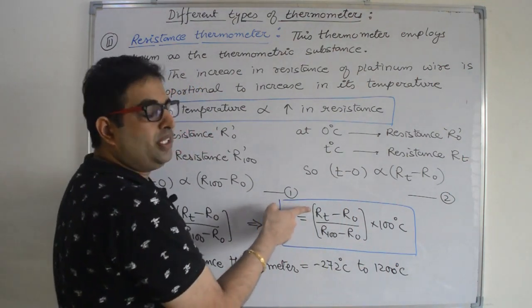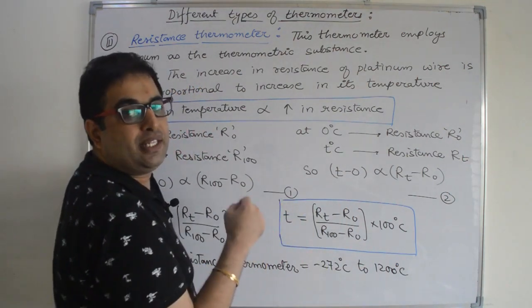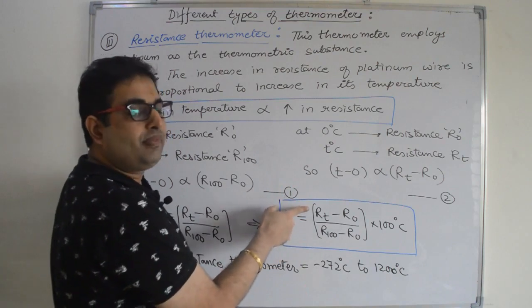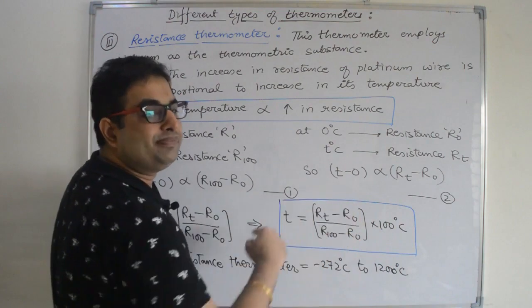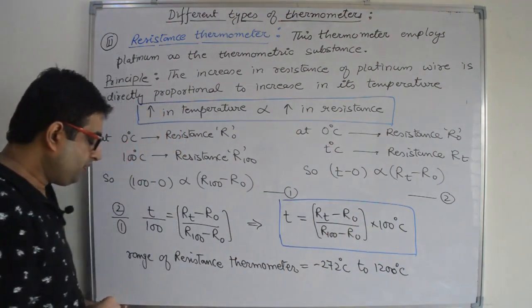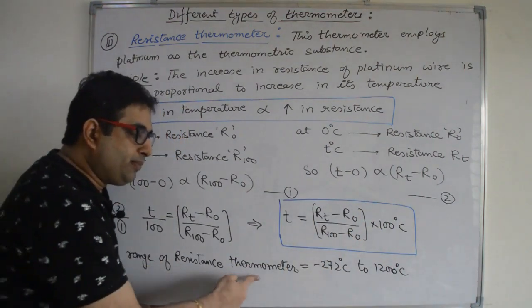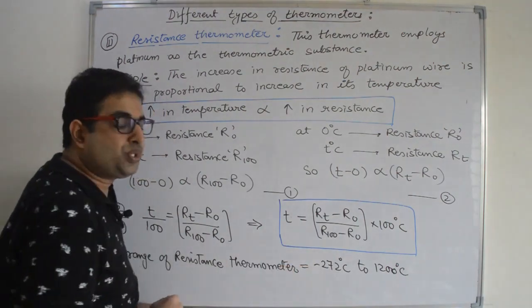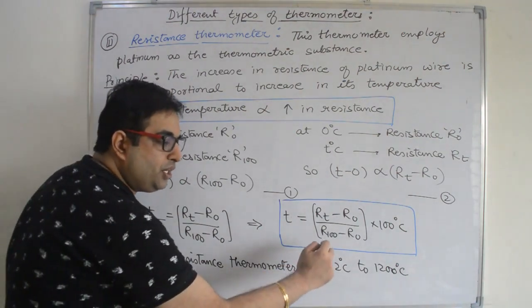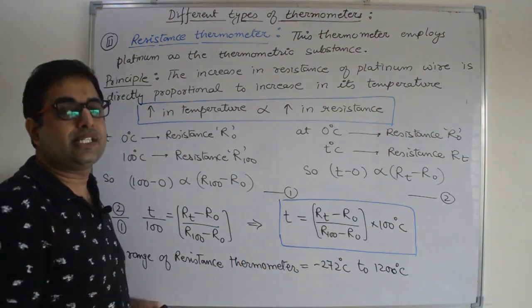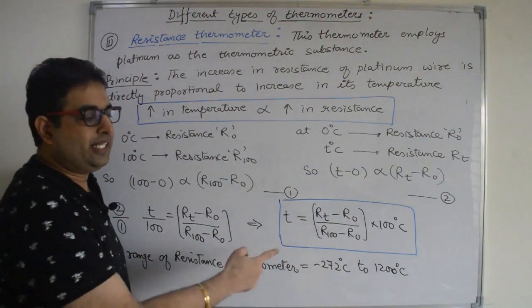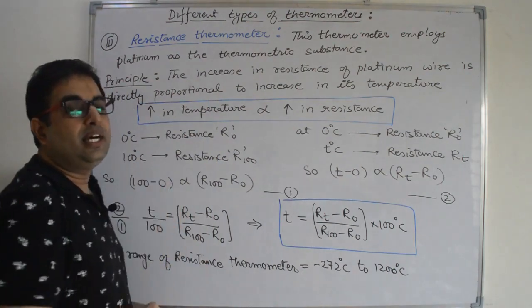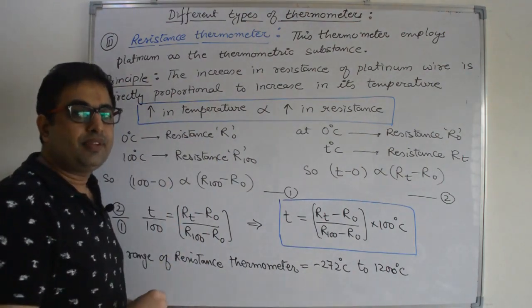If we know the resistance of the platinum wire at some temperature, then we can calculate the temperature using this formula. The range of a resistance thermometer is from minus 272 degrees Celsius to 1200 degrees Celsius. We can measure up to 1200 degrees Celsius using a resistance thermometer.